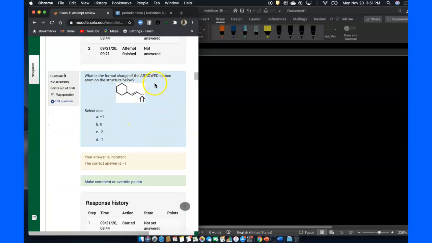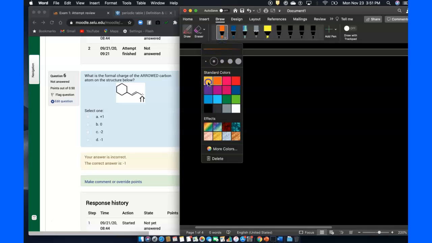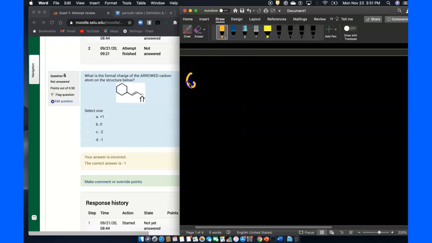What is the formal charge on the arrowed carbon? Formal charge on the arrowed carbon, question 6. All right, so that's the structure, and then we have a lone pair here.